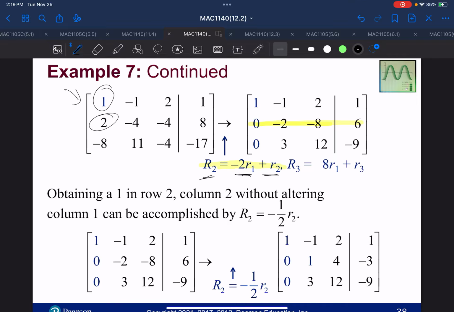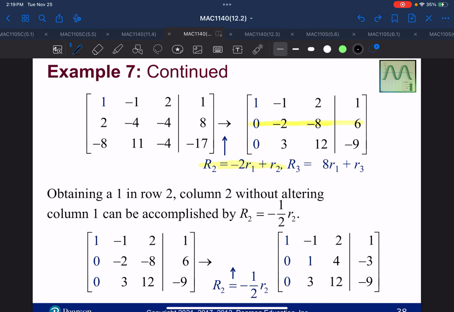So -2 times 1 plus 2 is 0. -2 times -1 is a +2, plus -4 is a -2. Then -2 times 2 is -4, plus -4 is a -8. And then -2 times 2 is -4, plus 8 is a positive 4. So that's how they got row 2.